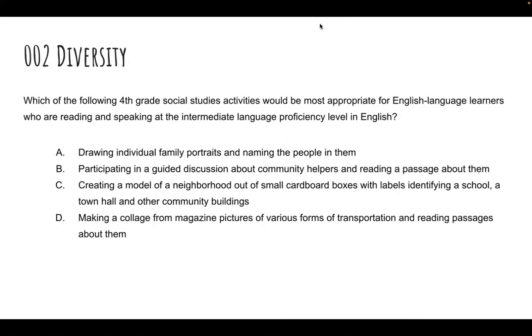We have, which of the following is the best activity most appropriate for ELL fourth graders who are reading and speaking at the intermediate language proficiency? So let's take my handy dandy highlighter. A keyword and phrase is this level for sure. What else? What's a key something we need to pay attention to? Fourth grade, for sure. Remember, it's most appropriate, so we might have more than one.